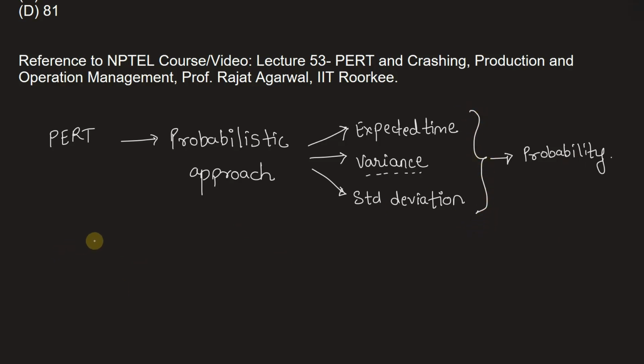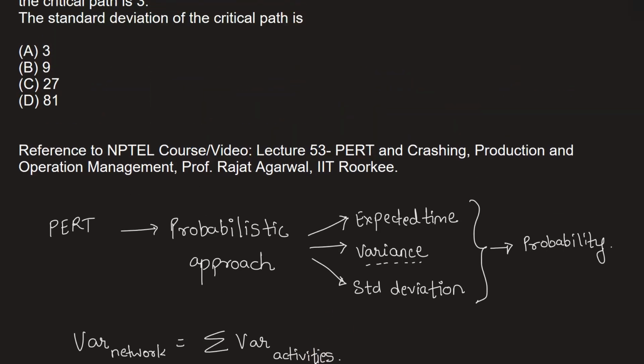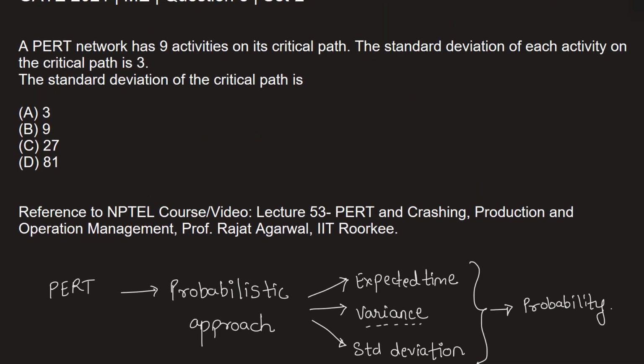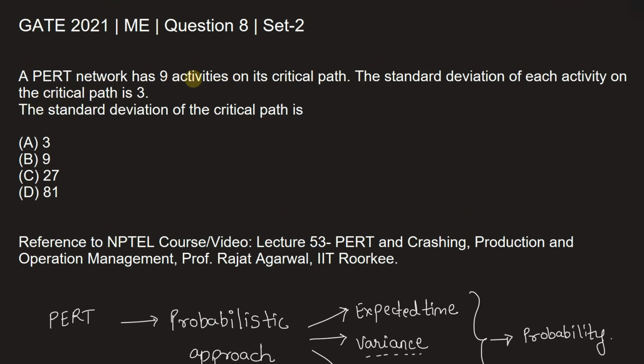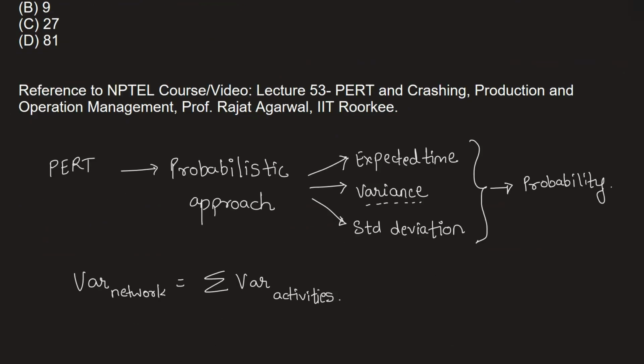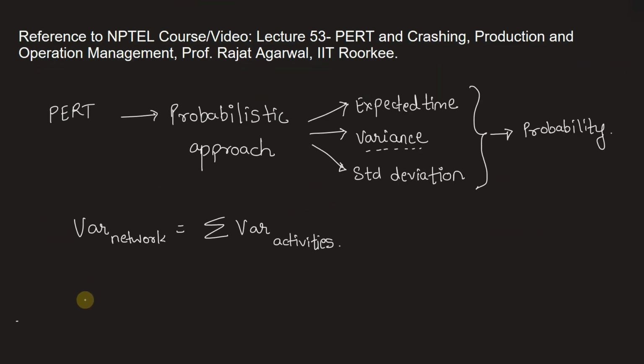For the critical path or any path in the project, the variance of that path or variance of the network is equal to the sum of the variances of the activities that are involved on that path. Now in this question, we are being given that there are 9 activities on the critical path and we have to calculate the standard deviation of the critical path.